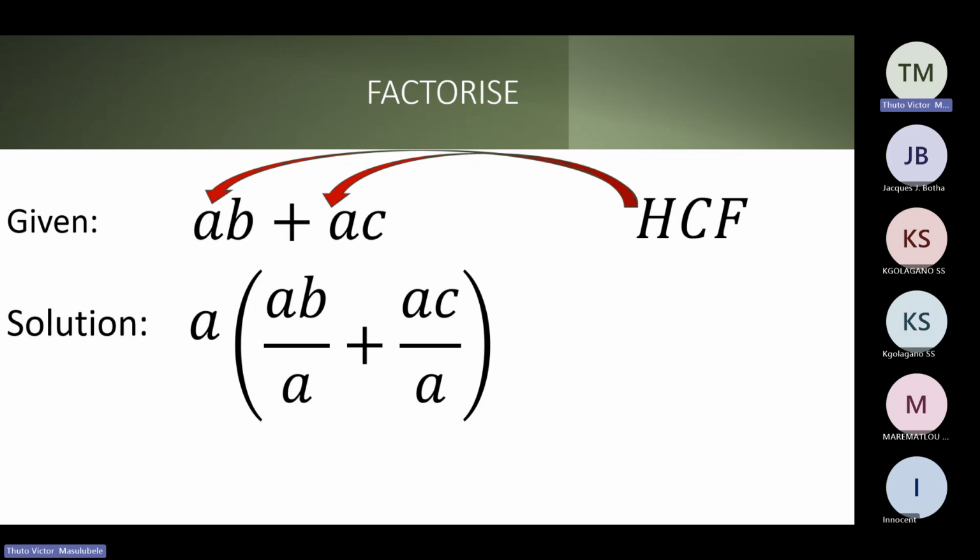So we'll have ab divided by a plus ac divided by a. When we continue to simplify this, the expression inside our bracket, a divided by a will be left with b, and a divided by a will be left with c, and therefore we will have a into b plus c.